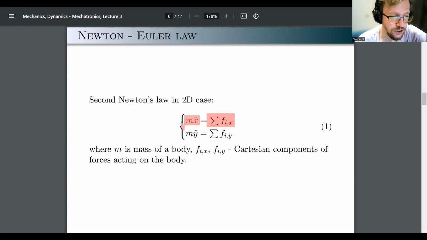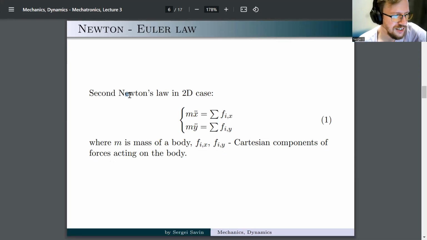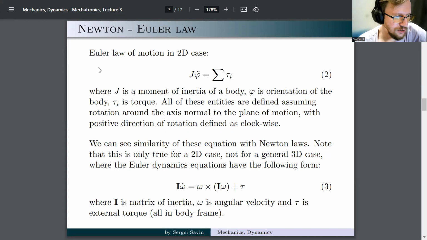In the x direction, same as in the y direction, right? That is exactly the same as the three-dimensional case, just the number of equations is 2 instead of 3. Okay, so far quite easy. Newton's second law.